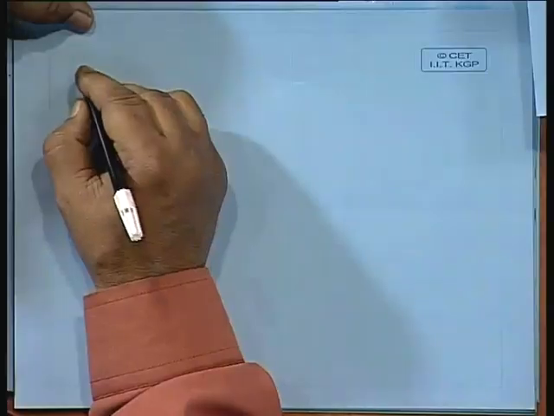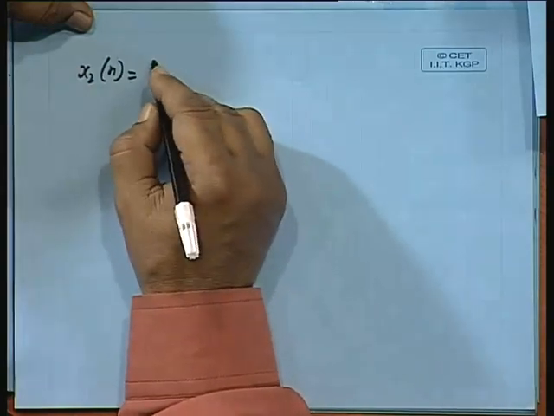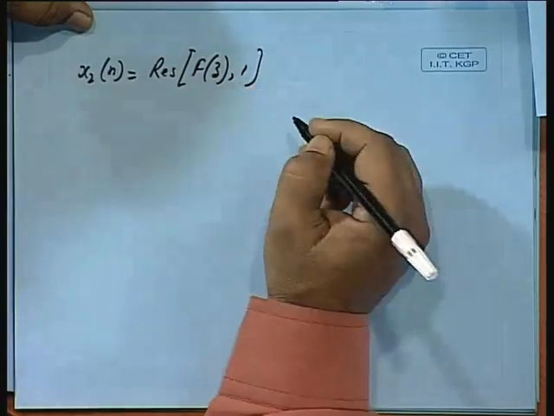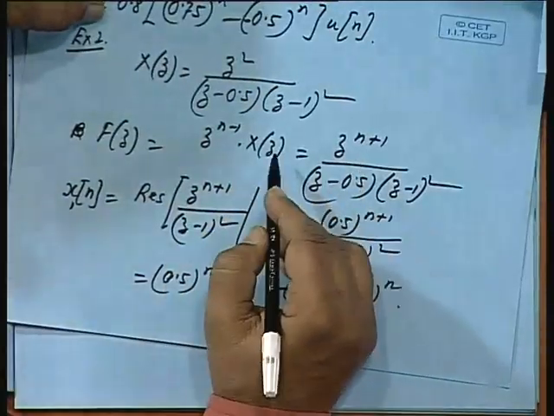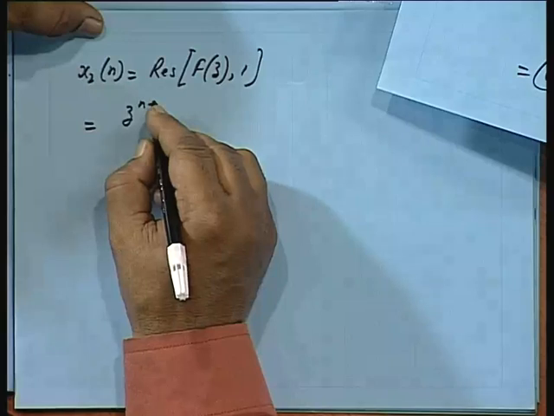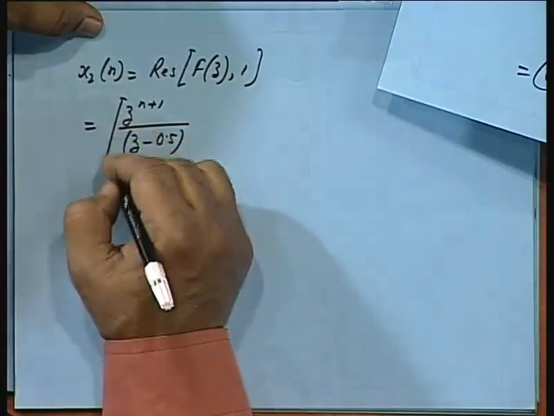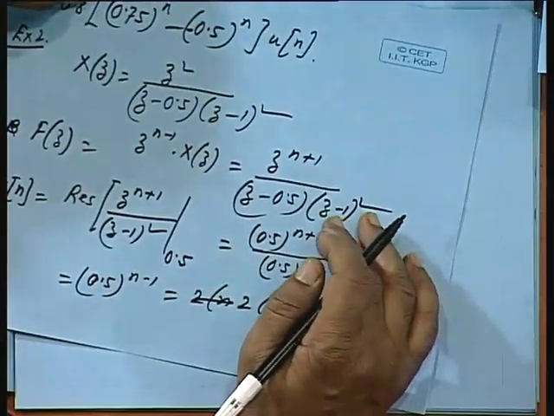Is that all right? x2 n, for the second one, I will take the residue of f z at this pole, which will be, if you differentiate, z to the power n plus 1 by z minus 0.5, d dz of this, since you have to multiply by z minus 1 whole squared and then calculate the function.